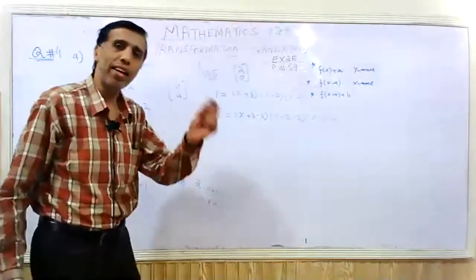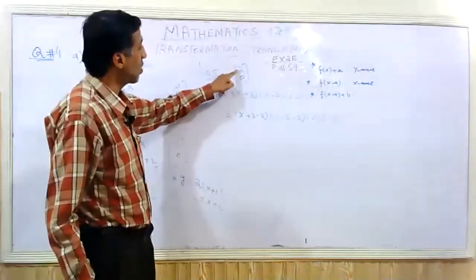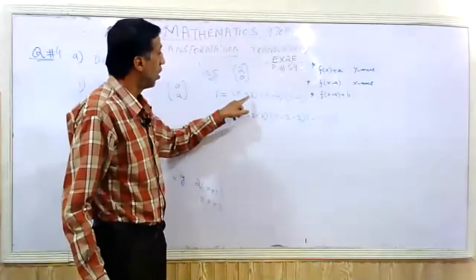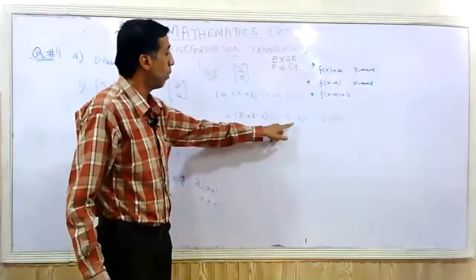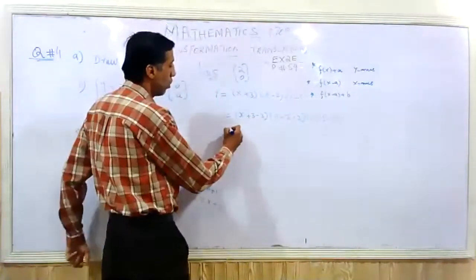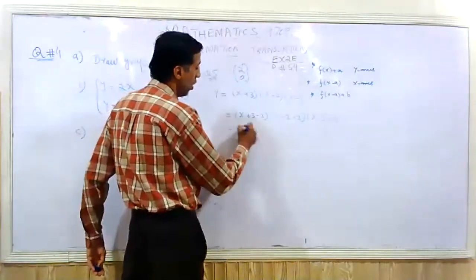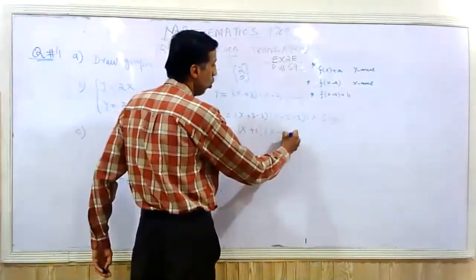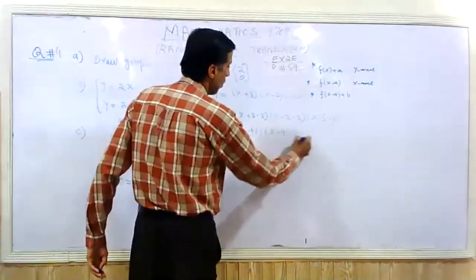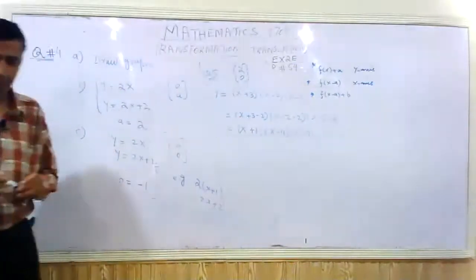In the second law, we just add this translation into the equation. What would be the resulting ones? x plus 1, x minus 4, x minus 7. This was question number 5.